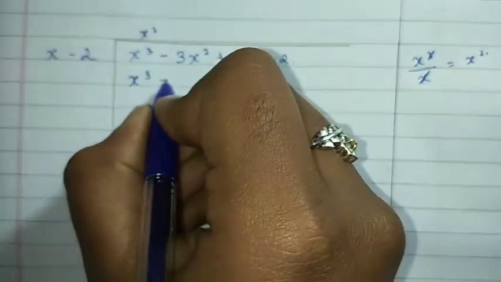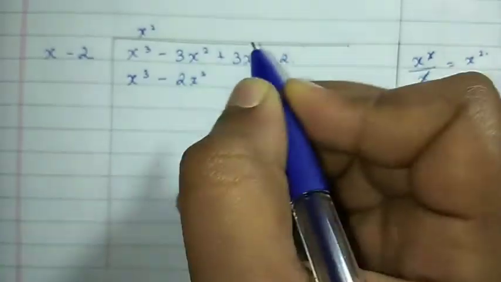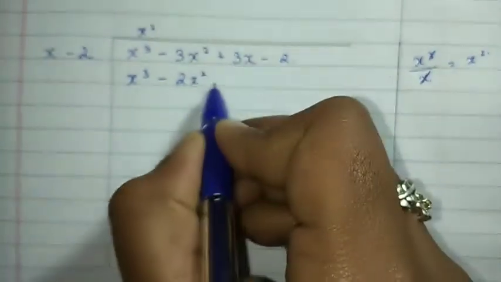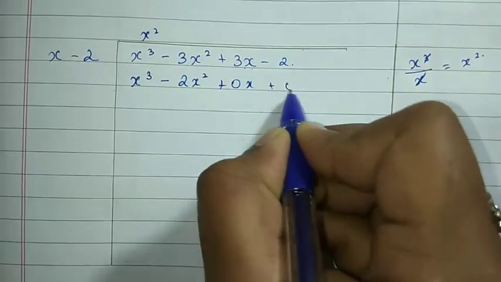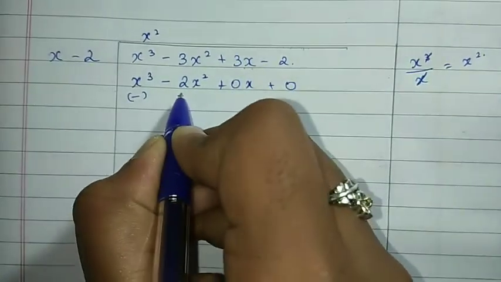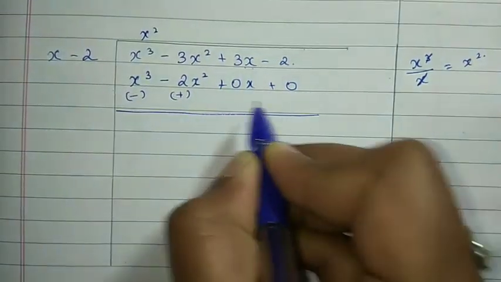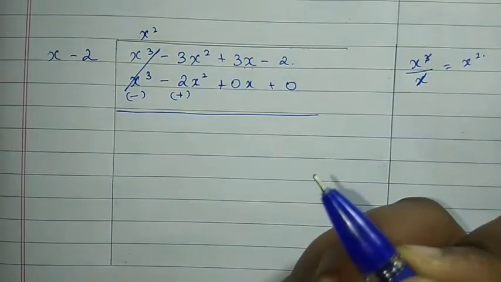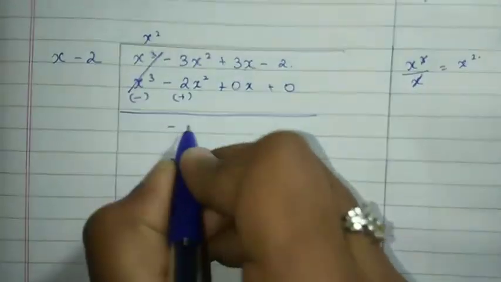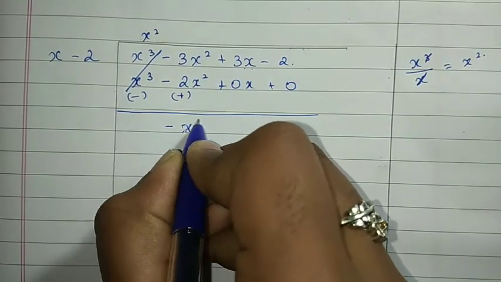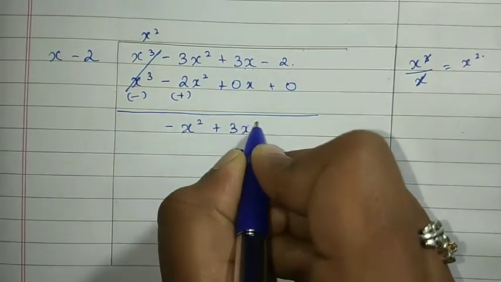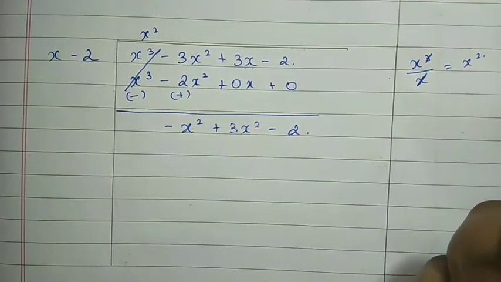So x into x square is x cube minus 2x square. I will change the sign now, so 0x plus 0, minus plus. So this will get cancelled. So I will have minus x square plus 3x minus 2.